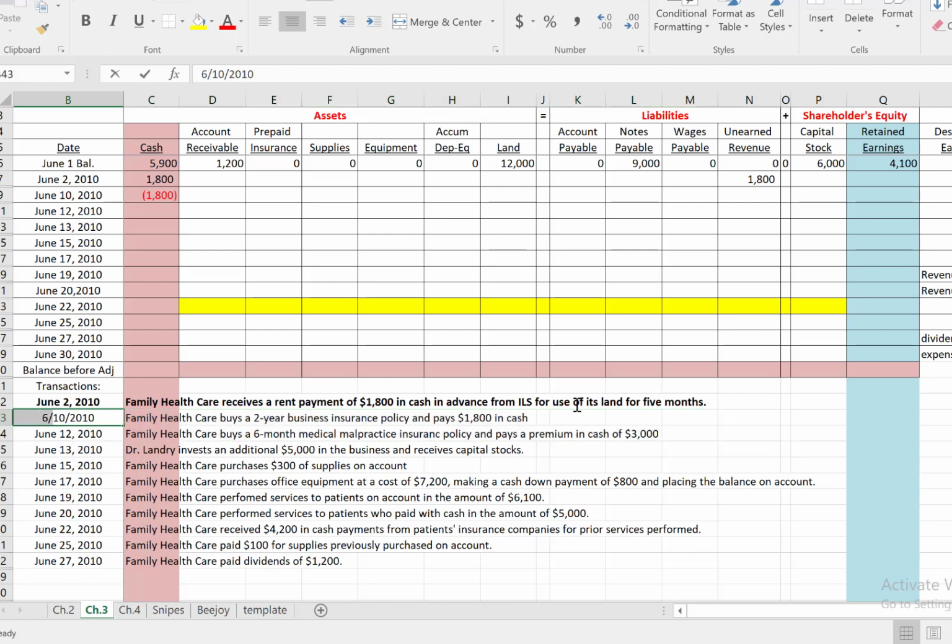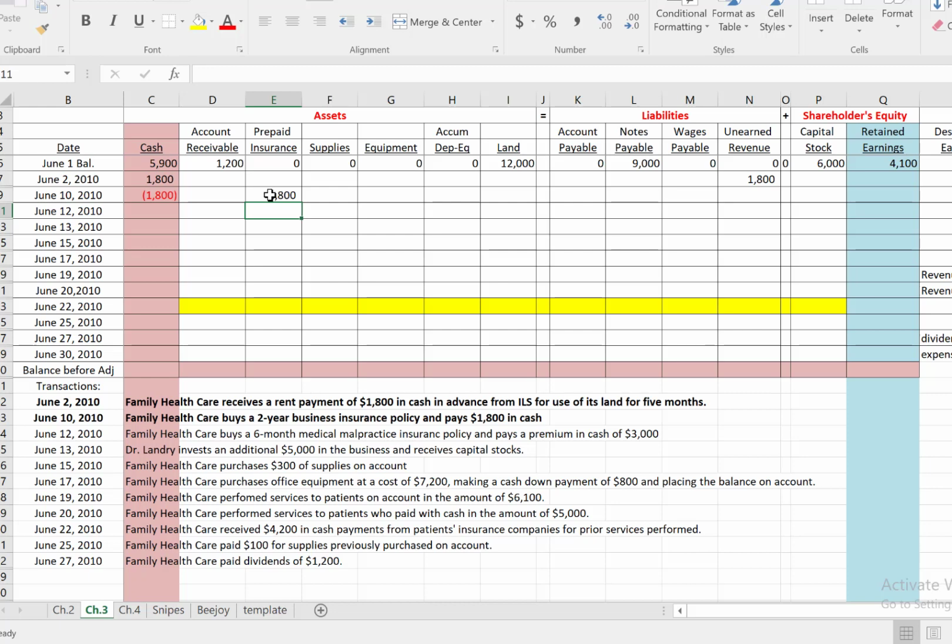We actually bought an insurance policy. So when you buy an insurance policy, what we have is we are prepaying the insurance. So we prepaid the insurance. We have an asset of the insurance. It only becomes an expense over time. So at the end of the month, we are going to account for a month's worth of insurance expense.